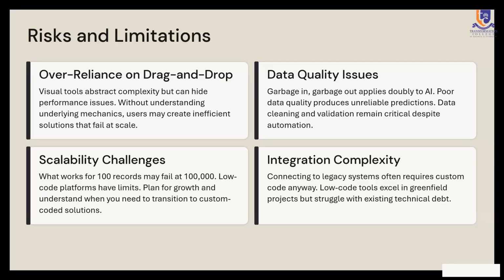Like I said, you don't understand how the backend works. You're not really providing your model with the best quality data it needs to train, right? And if you don't do that, you're not training the model correctly. You're leaving space for wrong predictions, hallucinations, and so on. And then it could have scalability challenges.